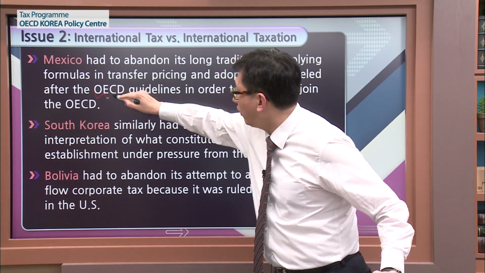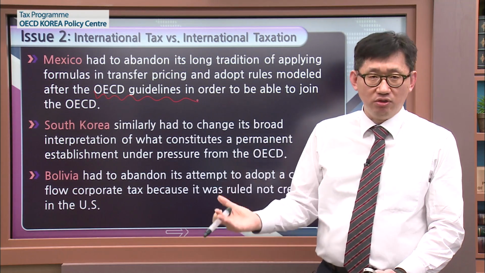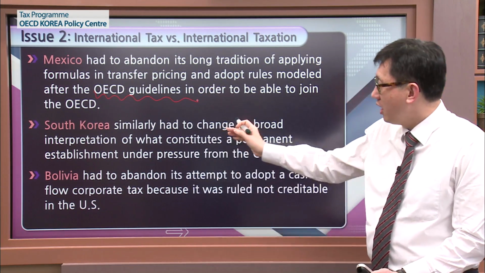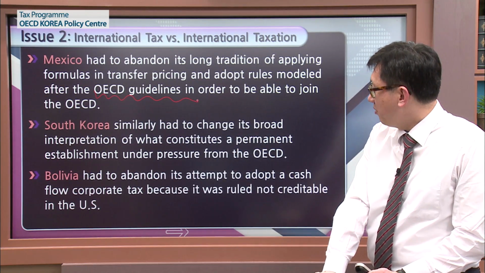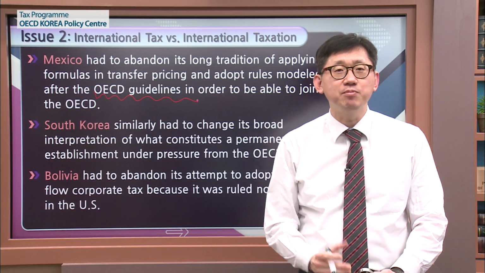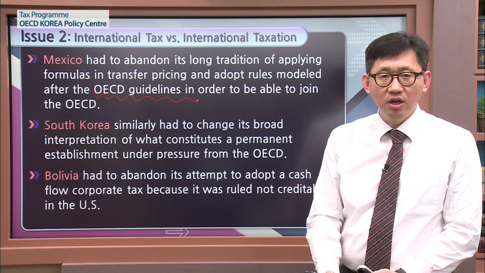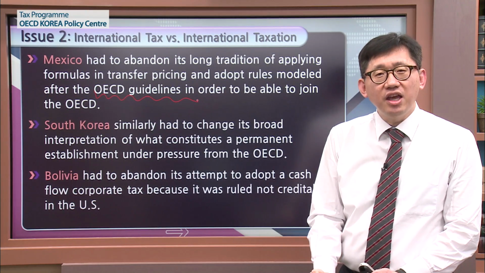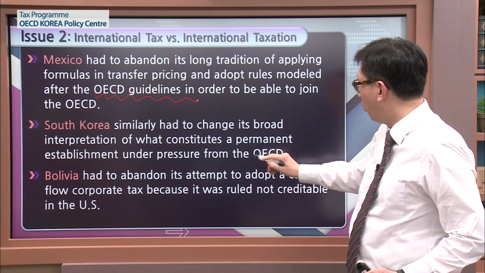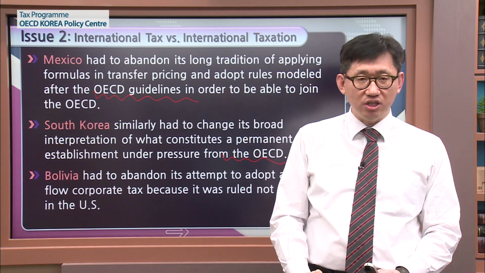Here, the OECD guidelines made Mexico change its rules. This is a typical example of enforceability. South Korea similarly had to change its broad interpretation of what constitutes a permanent establishment under pressure from the OECD. In the case of South Korea, they had to change the tax regulation in line with the OECD guidelines. It is also a positive view of the tax regime.